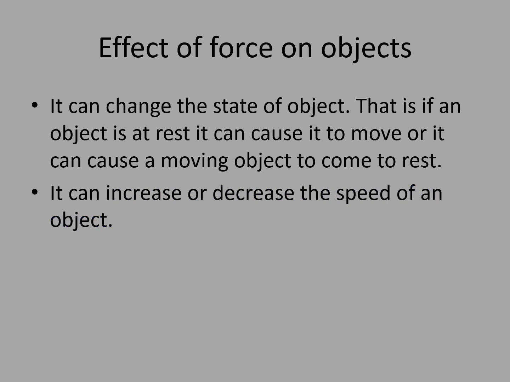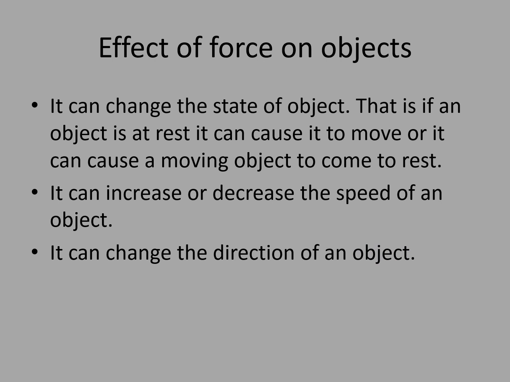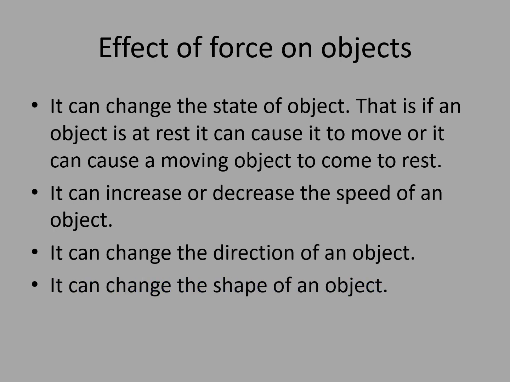Second, it can change the speed of objects. That is, it can increase or decrease the speed of objects when force is applied. Force can also change the direction of the object, and it can also change the shape of an object.